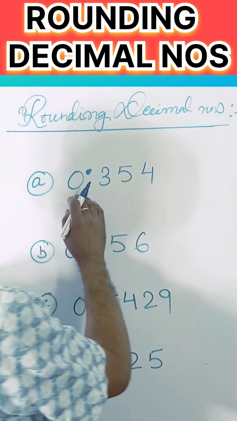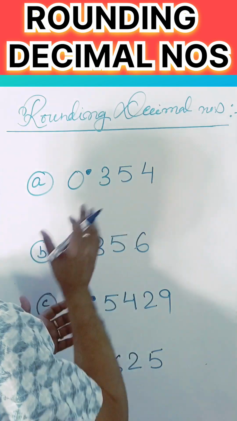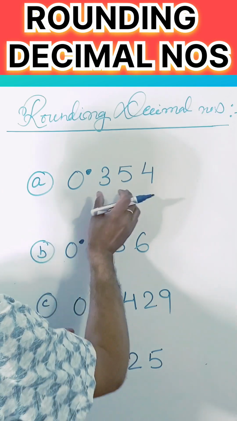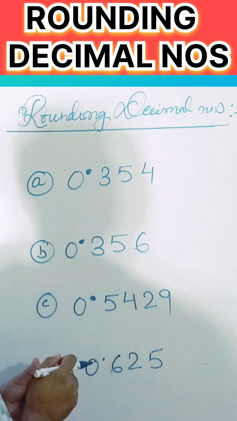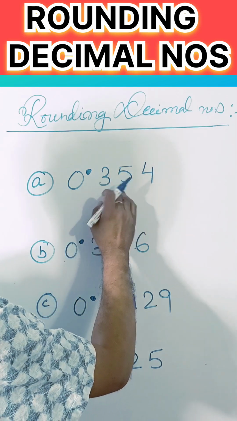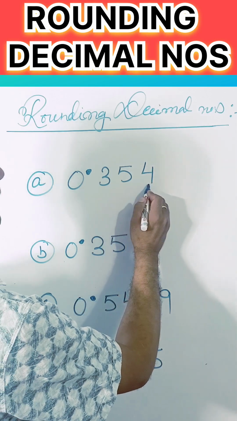The first number is 0.354. I want to keep two digits after the decimal. If I'm going to keep two digits after the decimal, then you have to check the third digit.